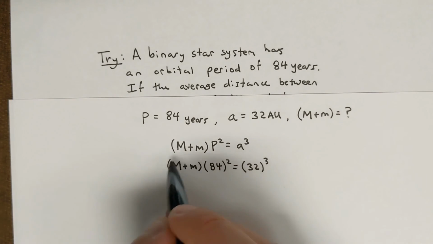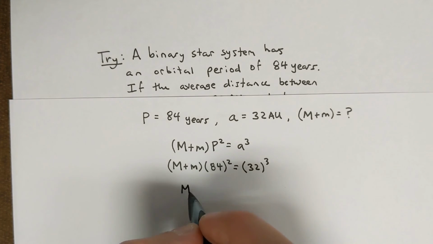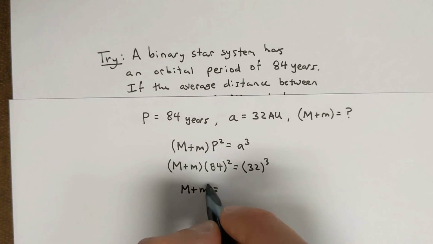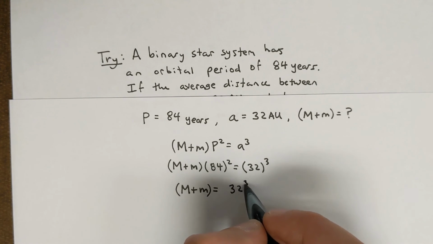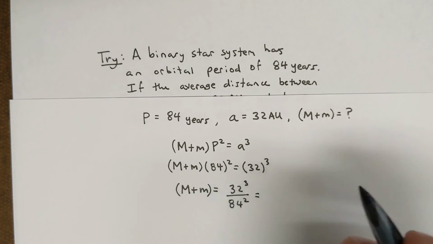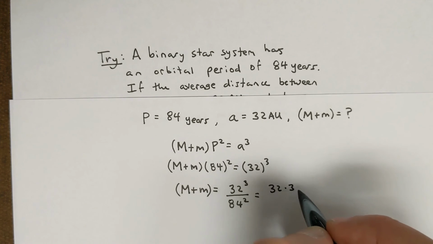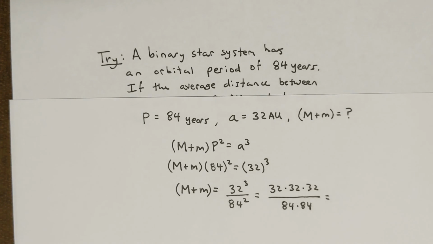We're trying to get M plus m by itself on one side, so we have to divide both sides of the equation by 84 squared. It's going to be 32 cubed divided by 84 squared. This is the same thing as saying 32 times 32 times 32 divided by 84 times 84. And we should plug this into the calculator and see what number we get.